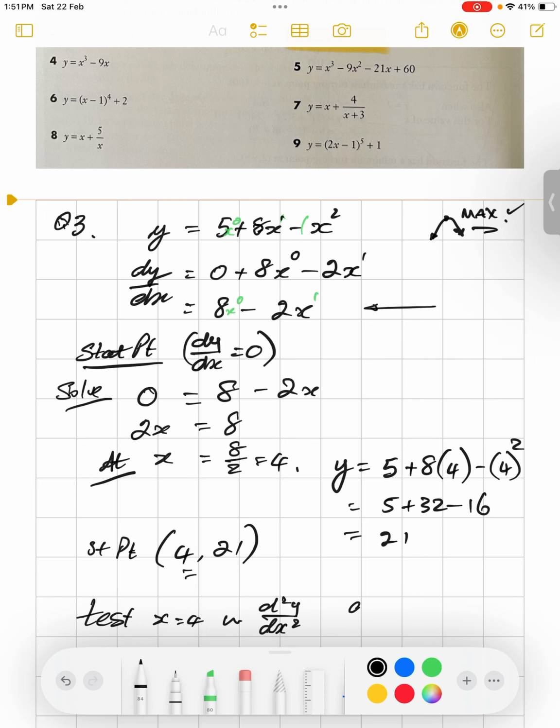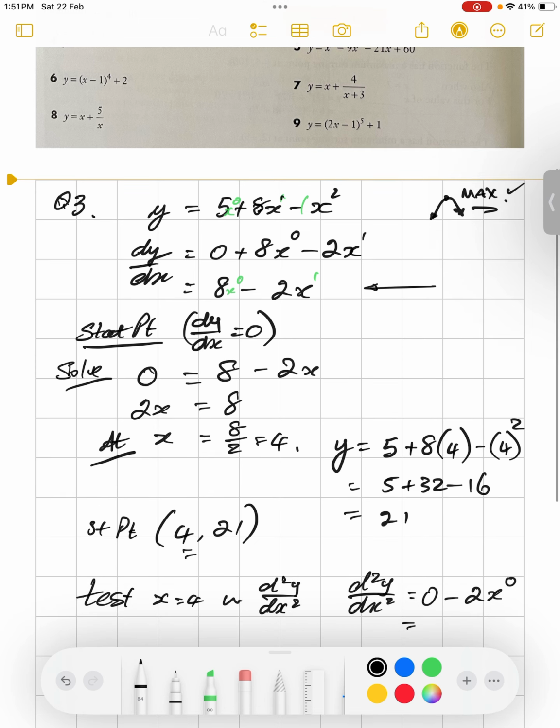So the second derivative is 8 times 0 is 0, and minus 2 times 1 is 2, x to the power of 0. So we've simply got 0 take 2 times 1, negative 2.